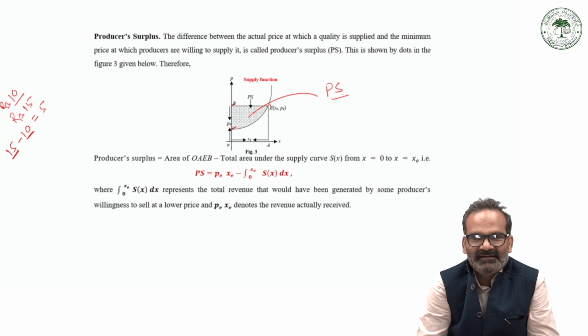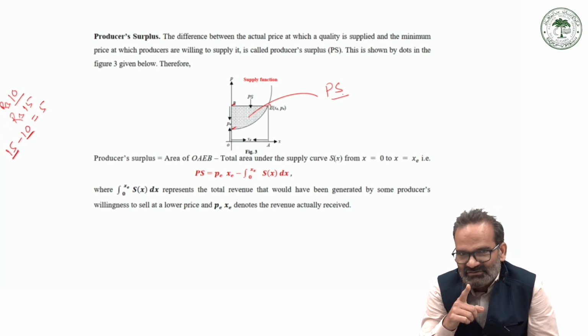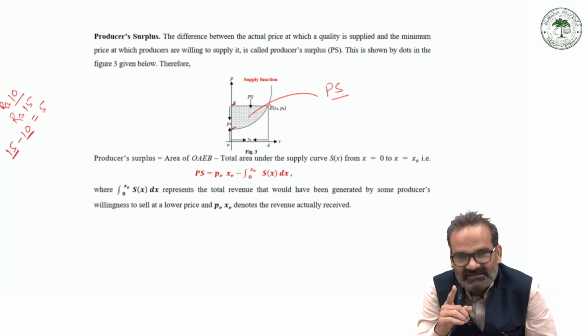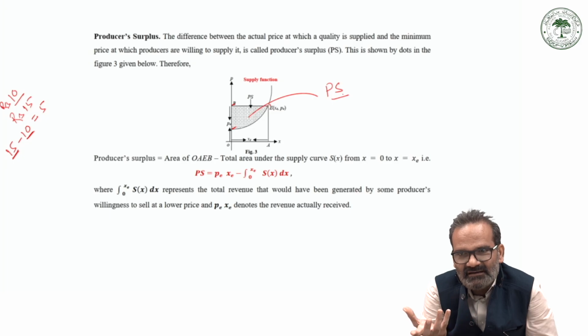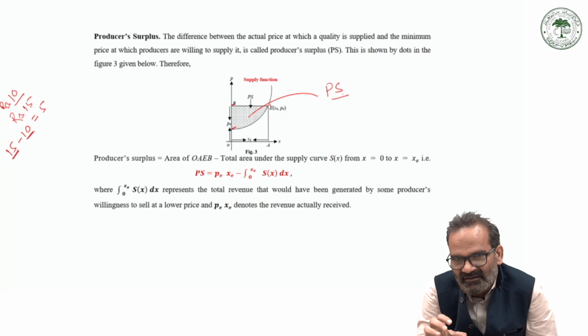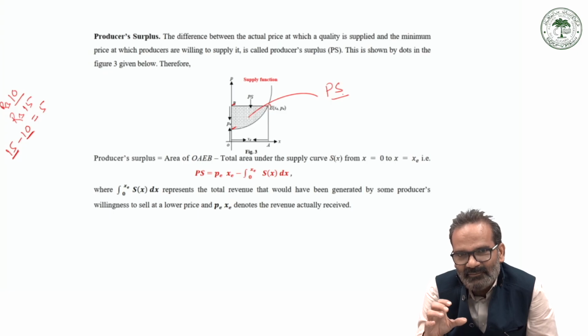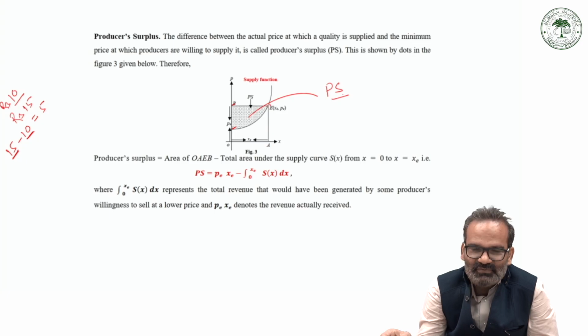So the shaded portion is known as the producer surplus, and by using the same concept of the area under the curve, we can determine this portion's area. Now how will you determine the area of the shaded portion? Look at the rectangle OAEB, this is a rectangle. So determine the area of the shaded portion.